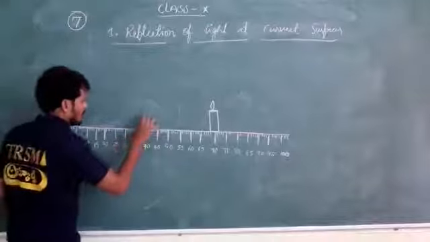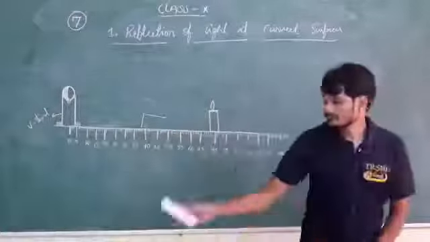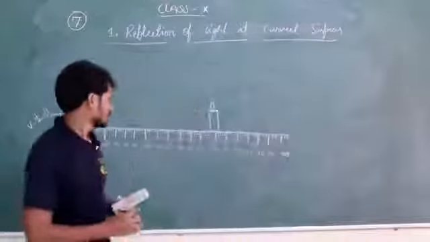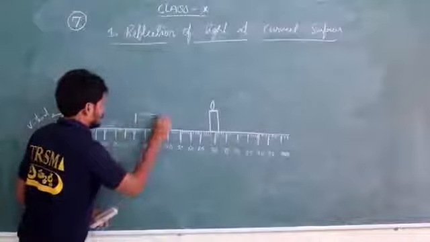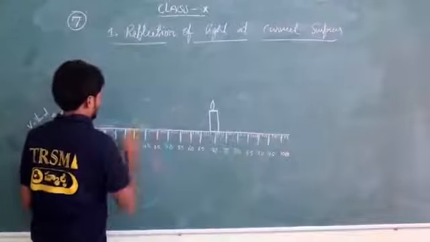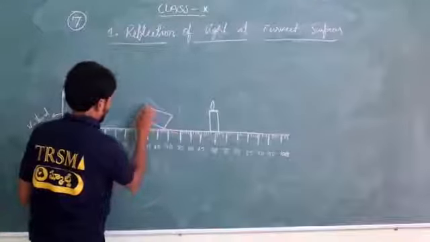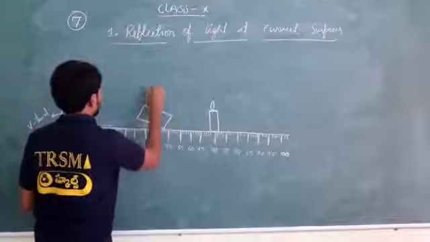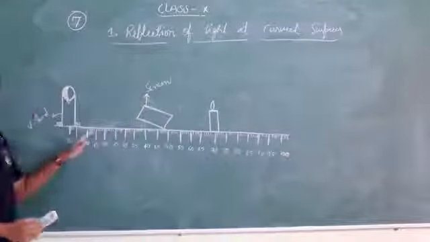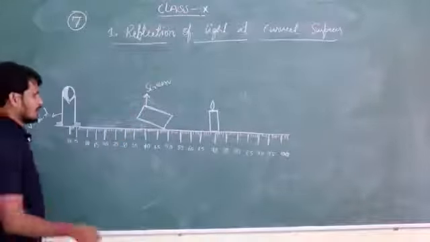If a screen is not available, take white paper and place it between the candle and the V stand. Place the screen between the mirror and the candle.